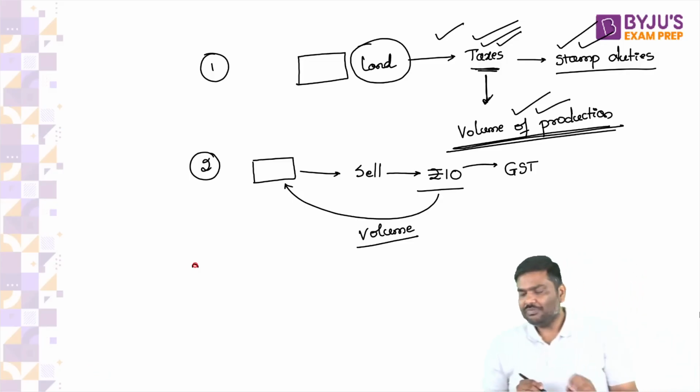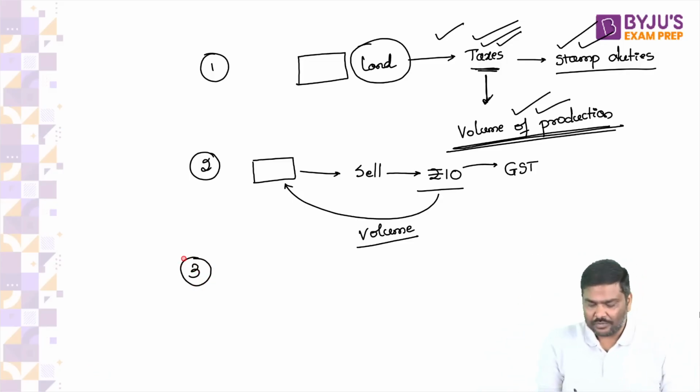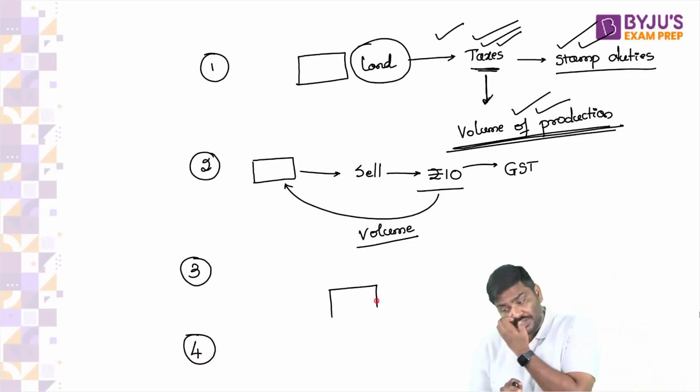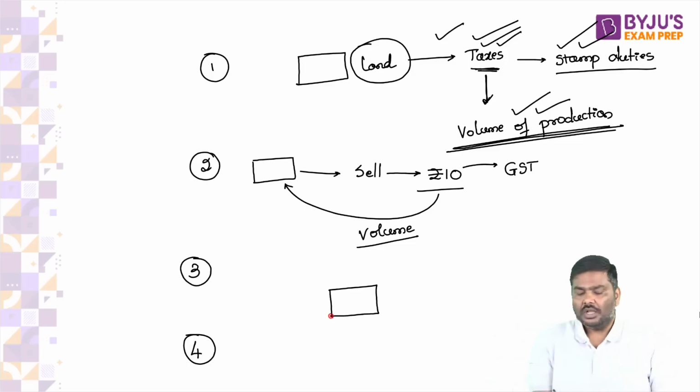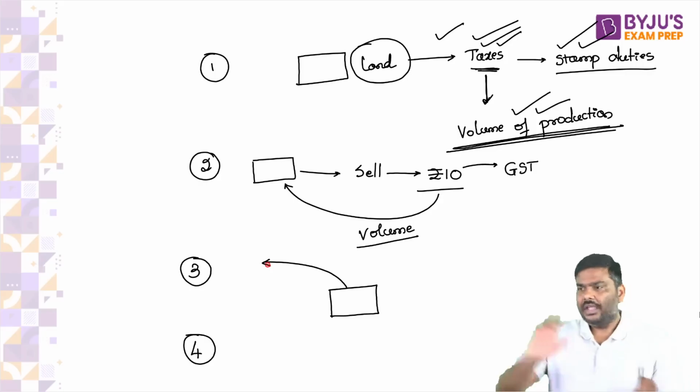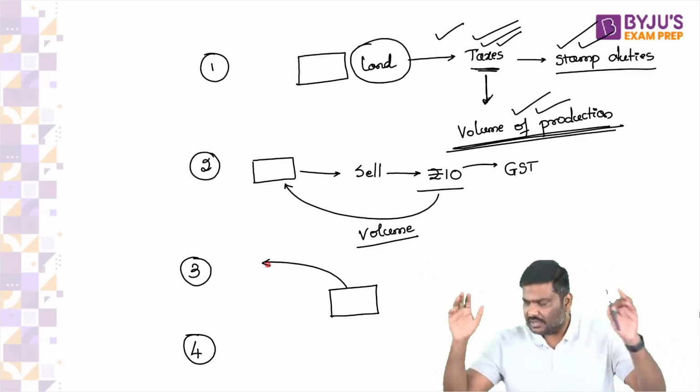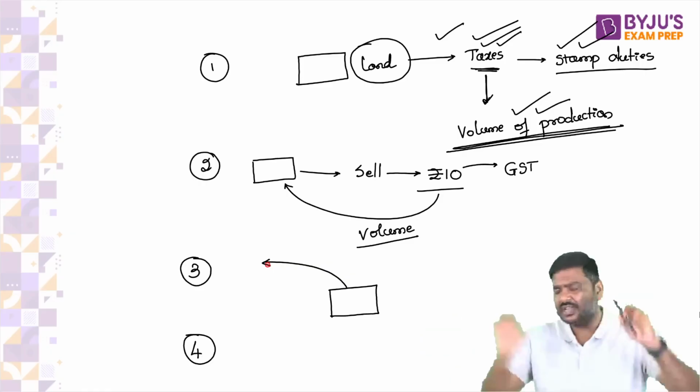Now, I'll give you two examples here. Understand this. Imagine you're producing a particular good. Now, in one example, government will simply give you a subsidy. For example, imagine you're setting up a manufacturing facility.